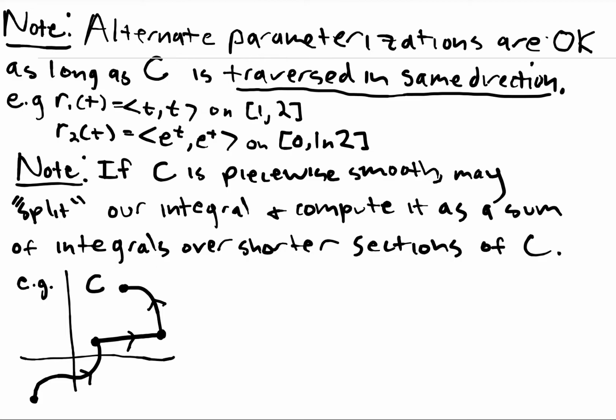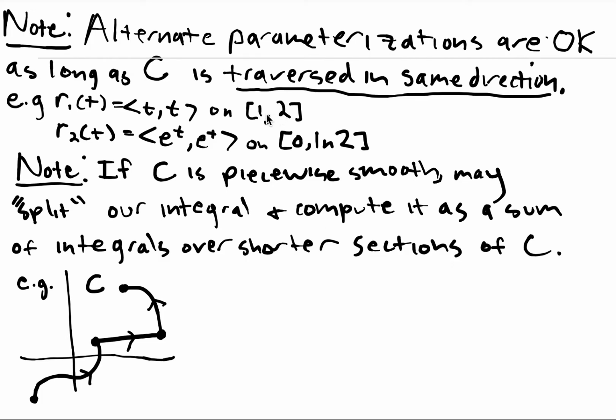For an example, I've got these two curve parameterizations here, R1 and R2. A comment that we can notice about both of those, they have the same x and y coordinate. So this is basically, hopefully, going to lie on the line y equals x. Hopefully that should be clear, because your y and x are the same. And the starting and end point here are specified in this first curve by 1, 2.